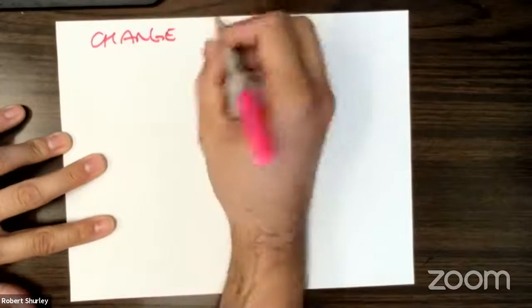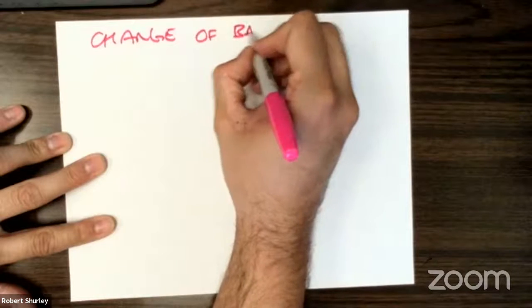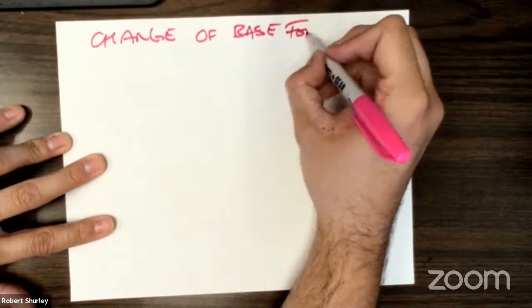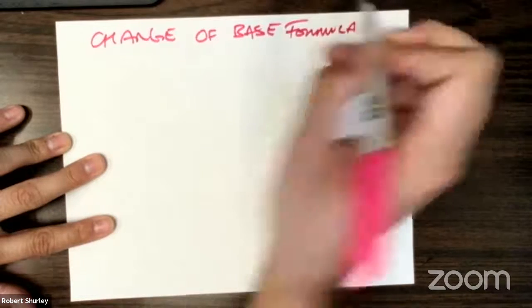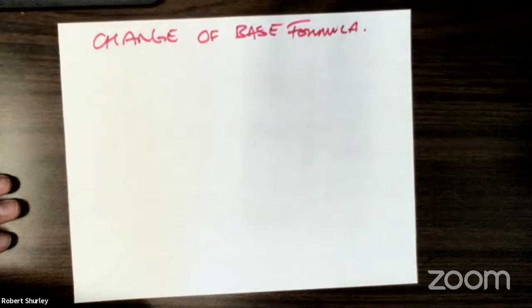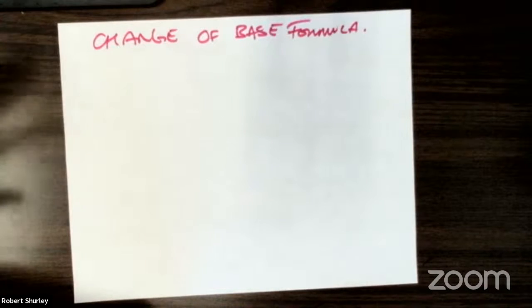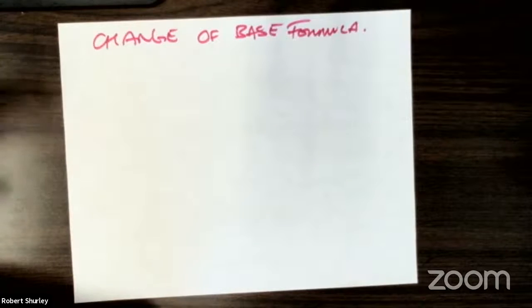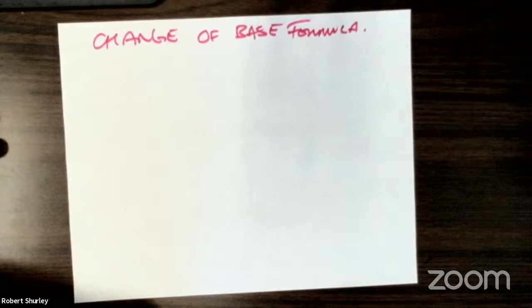Oh, and the last topic today is going to be on the change of base formula. What the change of base formula does is it makes it where we can write any logarithm in our calculator to get an approximation.